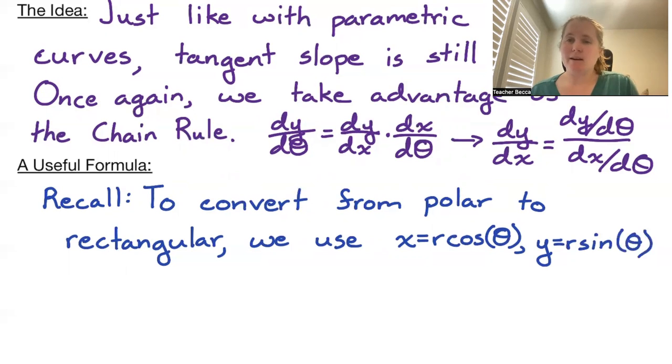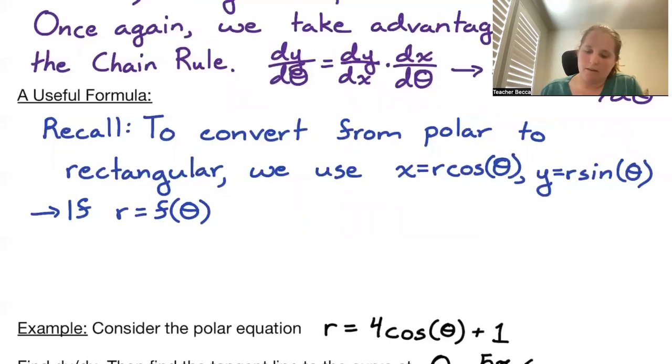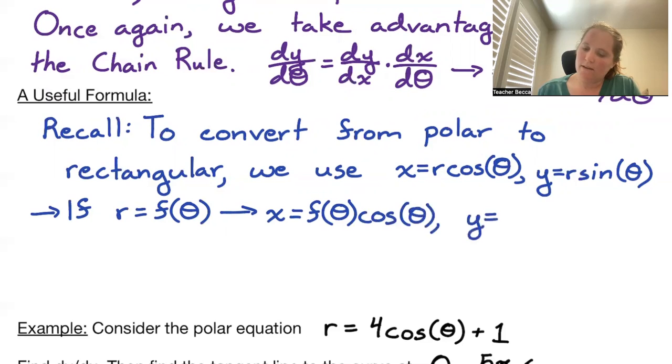So what we get then is if r is equal to some function f of theta, then we have that x is equal to f of theta times cosine theta, and y is equal to f of theta times sine of theta.